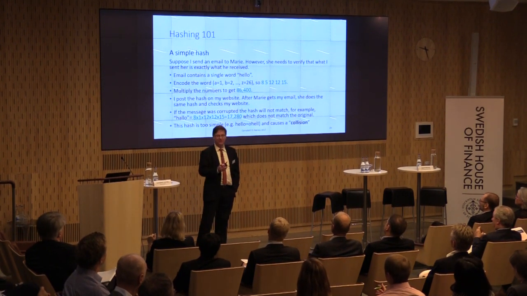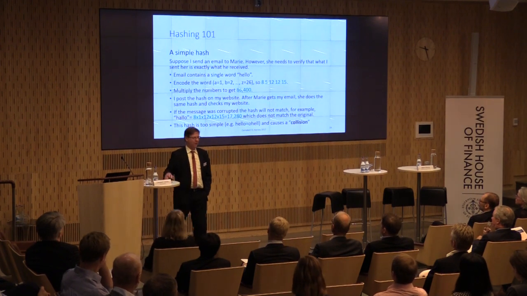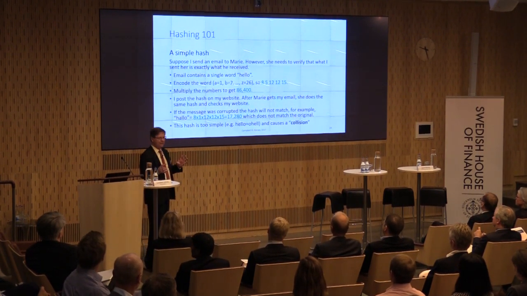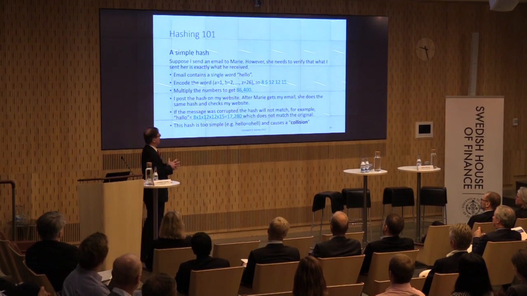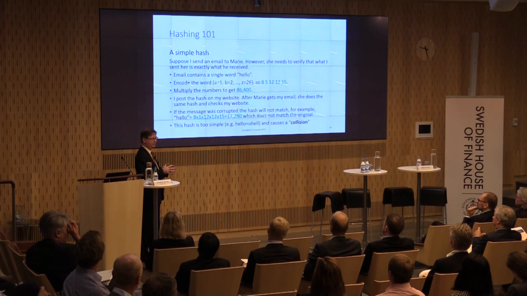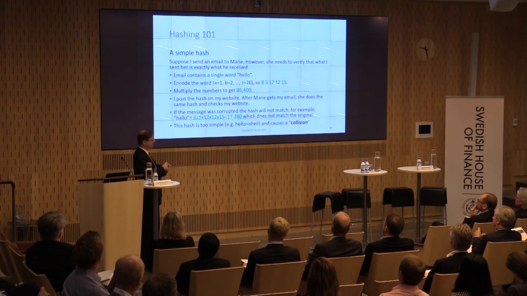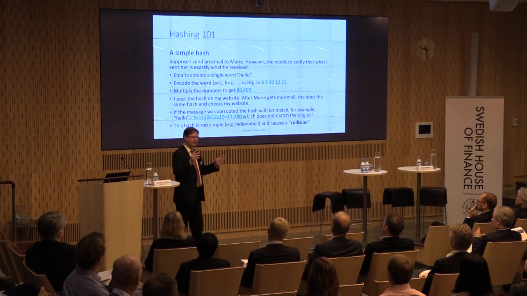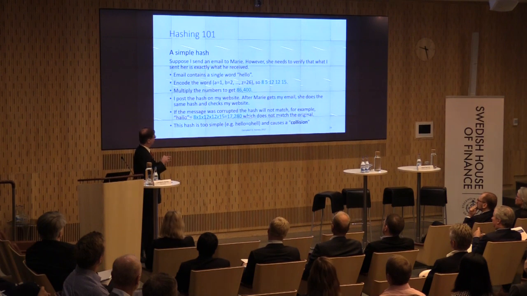And I'll give you a simple example, then we'll go through a more complicated example. Suppose that I want to send an email to Marie, and I'm concerned that the email might be intercepted and changed. So this is the trick I'm going to do. The email is a single word, hello, and I'm going to do a simple hash where I assign numbers to letters.